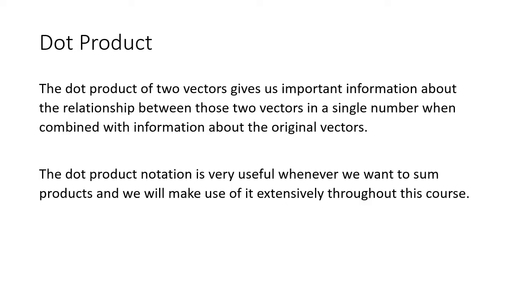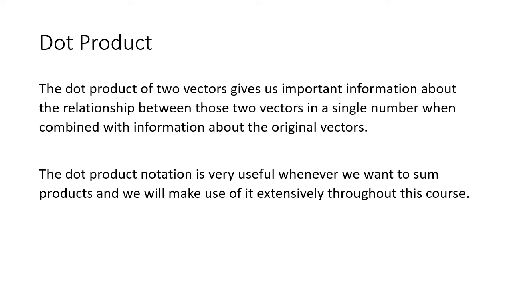The dot product is going to tell us a lot of important information about the relationship between these two vectors, particularly when we combine it with other information, specifically their magnitude, which we'll look at in just a bit. But one of the things I want you to also be very aware of is that this dot product notation is very, very useful anytime we want to sum products.